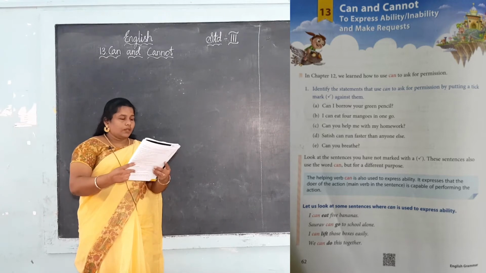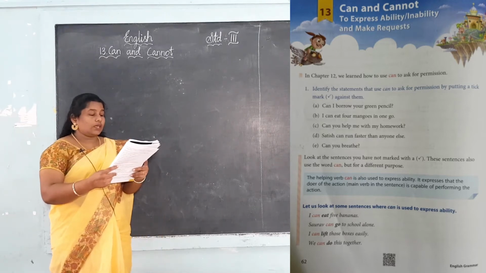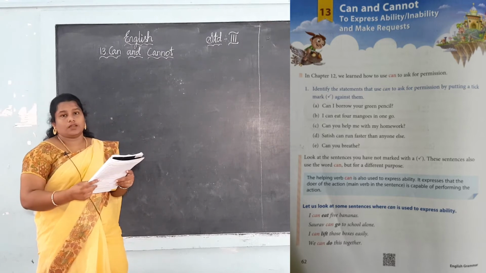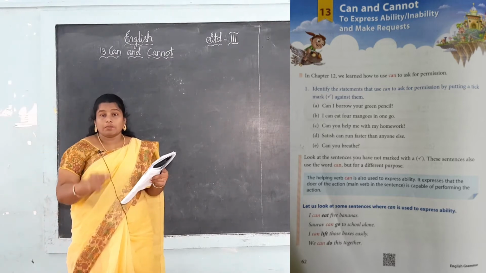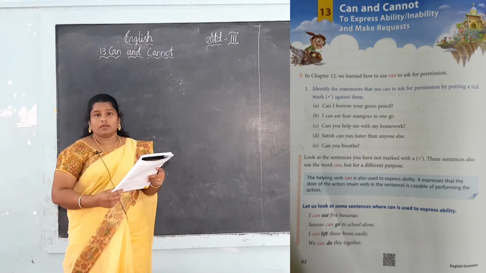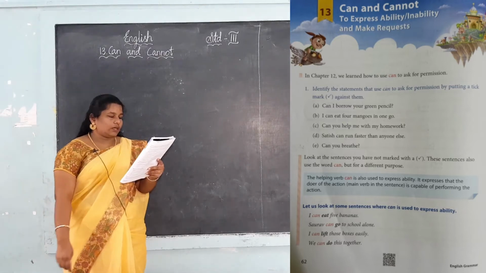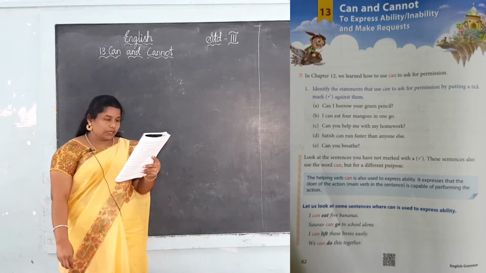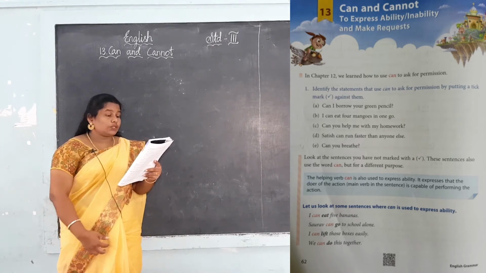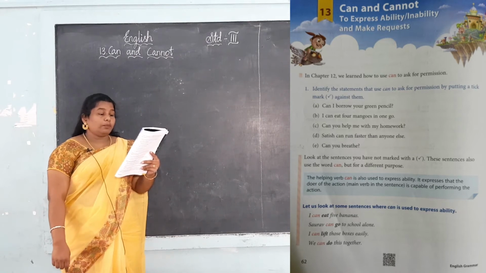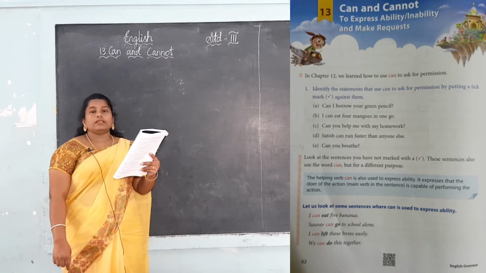Yes, see, in chapter 12, we learned how to use can to ask for permission. For asking permission, how we want to use can, we learned, right? Yes. Now see, first Roman letter. Identify the statements that use can to ask for permission by putting a tick mark against them.